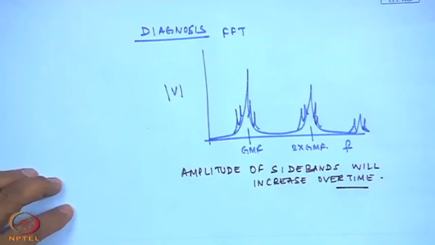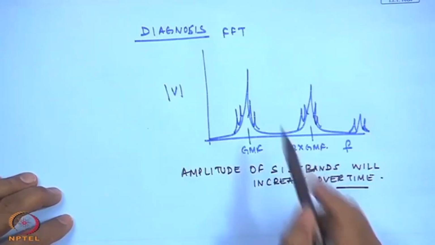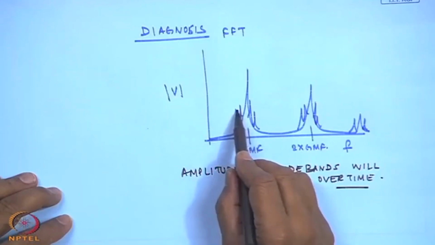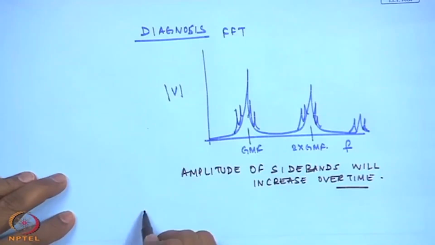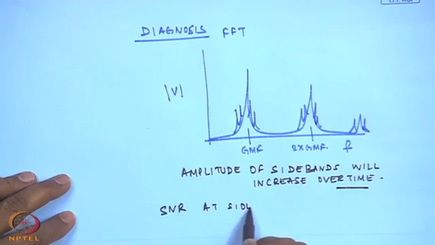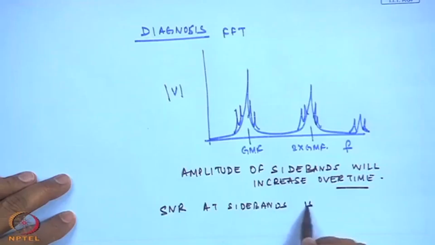But what happens many times, because there are a lot of other signals, is that these sidebands are very nicely buried in noise. So, the signal to noise ratio at sidebands is poor.